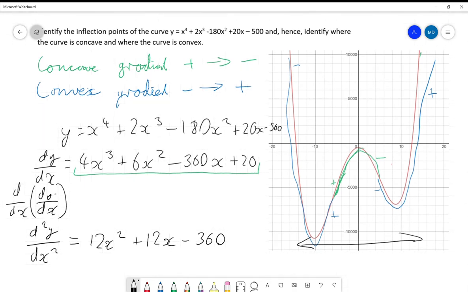And first of all, it's asking us to find the inflection points. And what did I say about the inflection points? Well, they're the stationary points of the gradient, i.e. they're not the stationary points of the curve, they're the stationary points of the gradient.